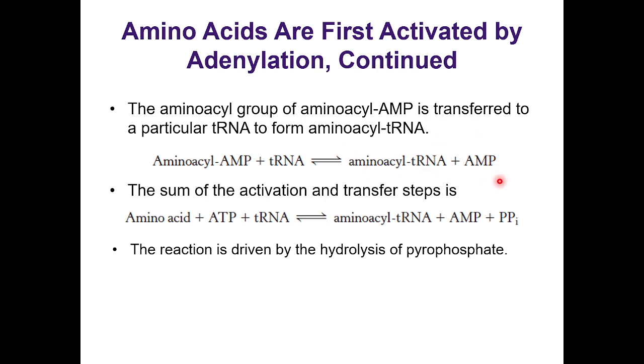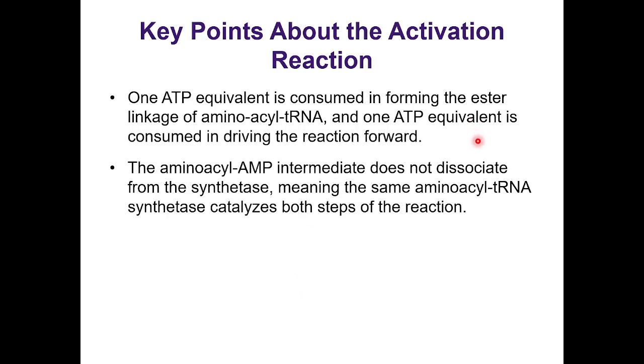This would then free that AMP. So this is the sum of that activation and transfer steps. Remember, again, we're coupling this to ATP to provide that thermodynamic drive. So the reaction is going to be driven by hydrolysis of the phosphate, just like almost all the reactions, if you look far enough.